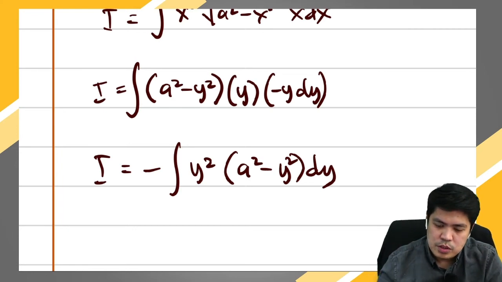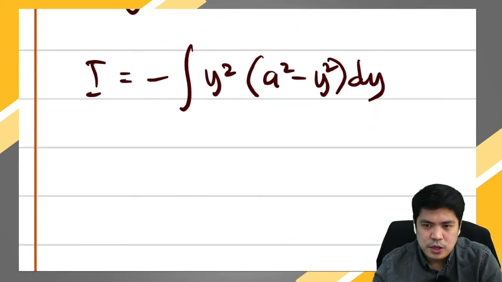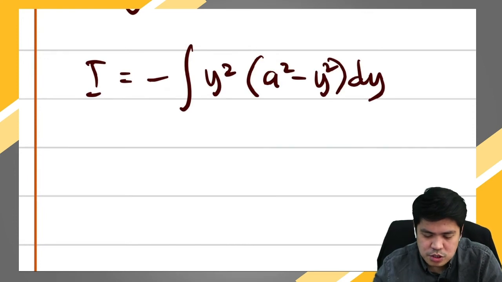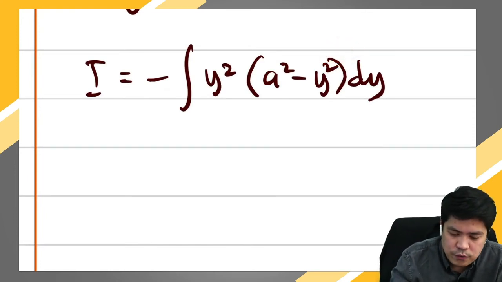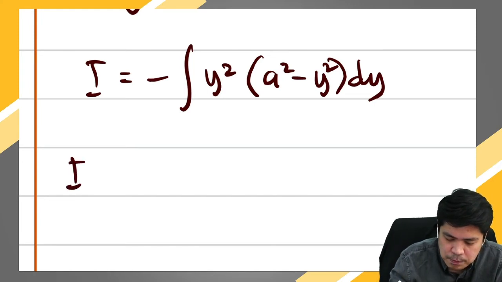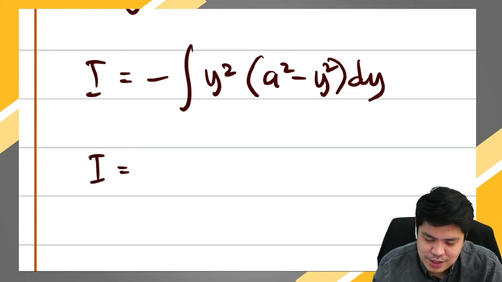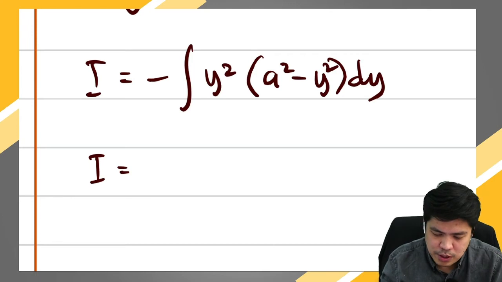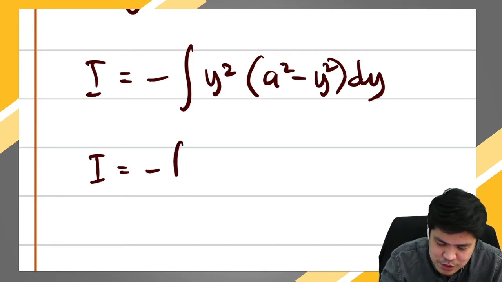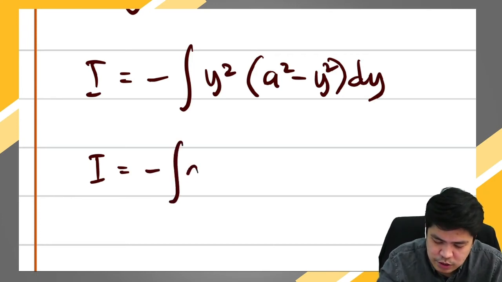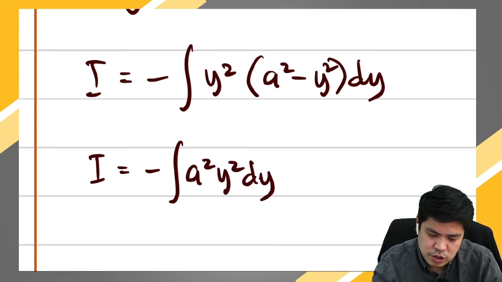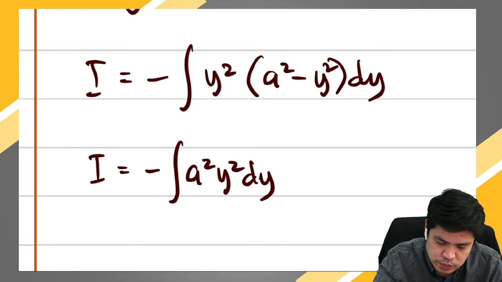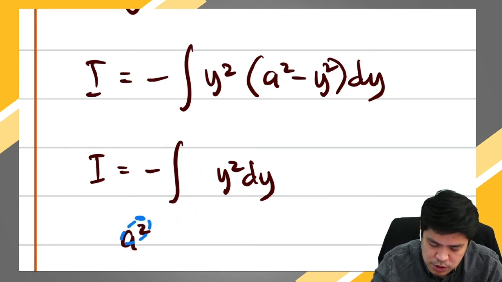Okay. So, dito, of course, pwede nating algebraic na lang. Distribute na lang natin yung y squared because wala naman siyang exponent. So, we can freely distribute y squared. So, therefore, we could rewrite this as negative integral of a squared y squared dy, and actually, pwede natin ilabas yung a squared because this is a constant.